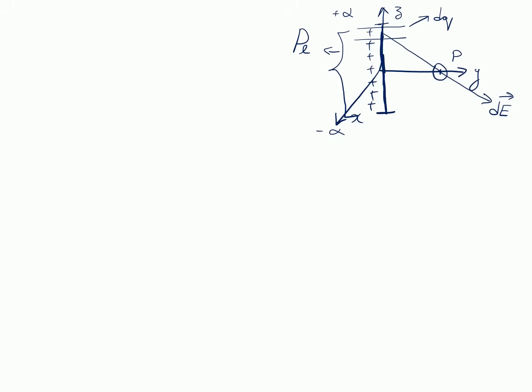Now, what is the value of dq? Obviously, dq is lying along a line, so we can say that this line element is dL, and this is equal to the coordinate where it is lying, so it is dz.